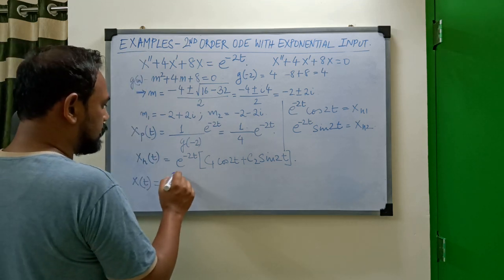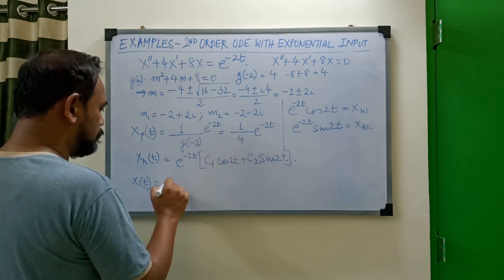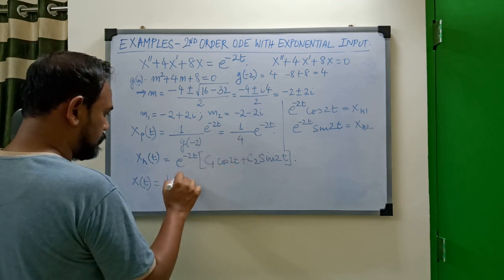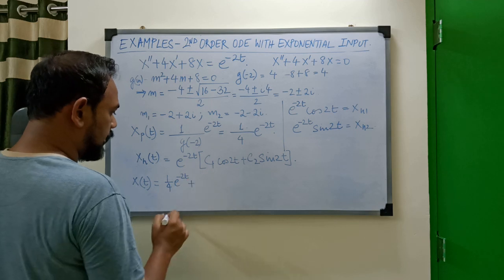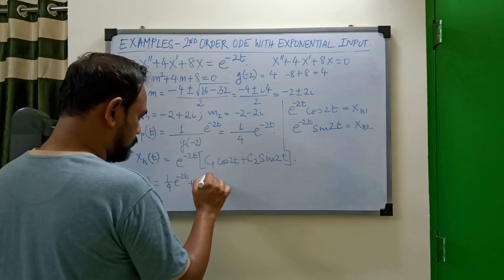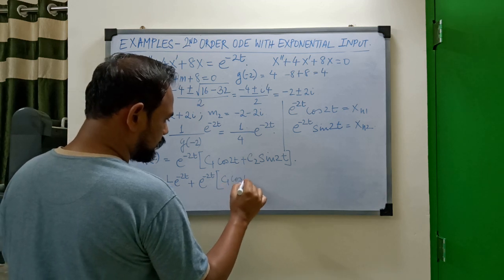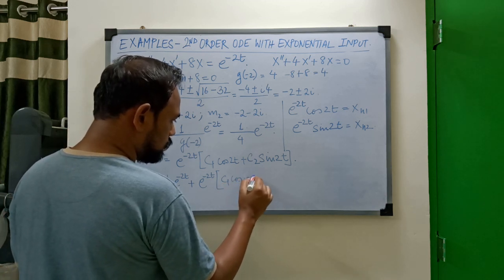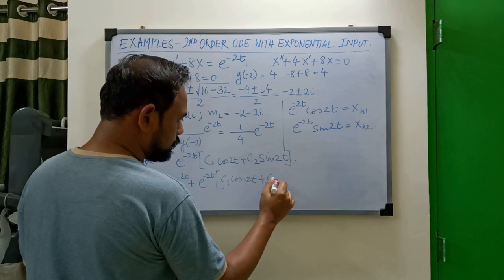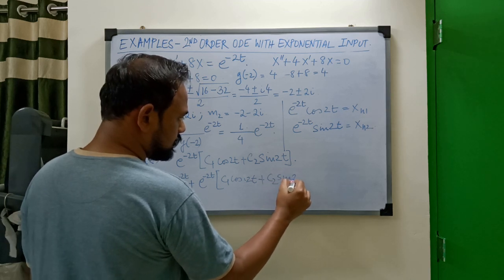So it's just going to be 1/4 e to the power minus 2t plus e to the power minus 2t times c1 cosine 2t plus c2 sine 2t.